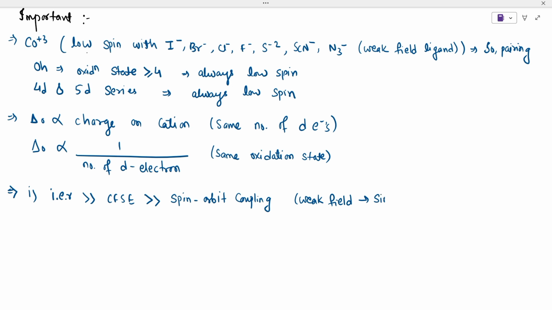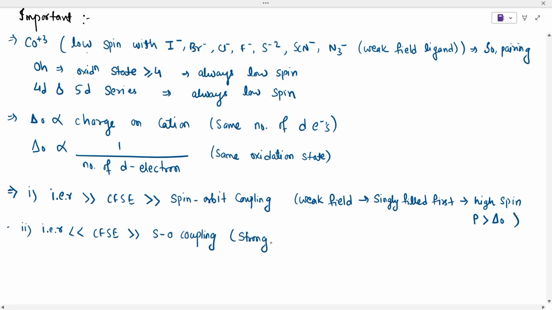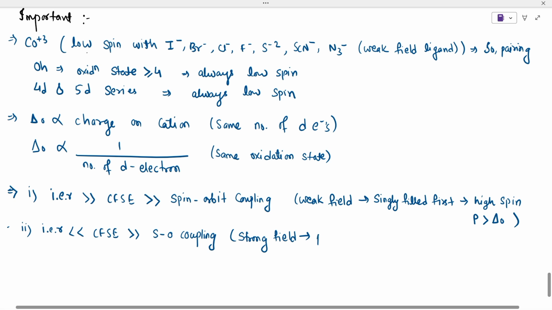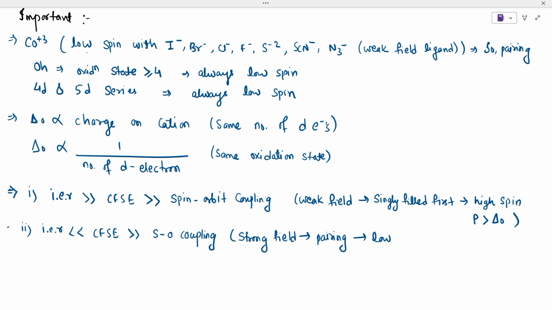So firstly, electrons will feel singling, that is high spin complexes, and in these complexes pairing energy is greater than octahedral splitting energy. This is the case for strong field ligands, and here pairing will occur and a low spin complex will form. In these cases, octahedral splitting energy is greater than pairing energy.